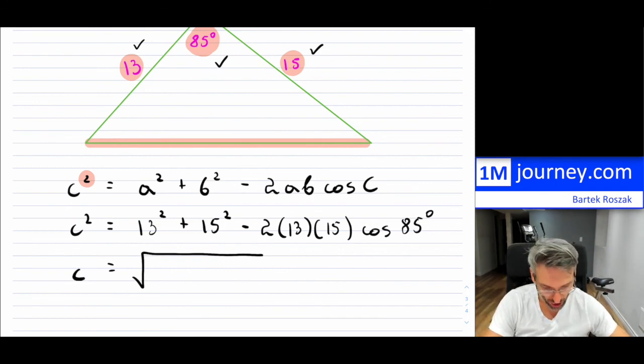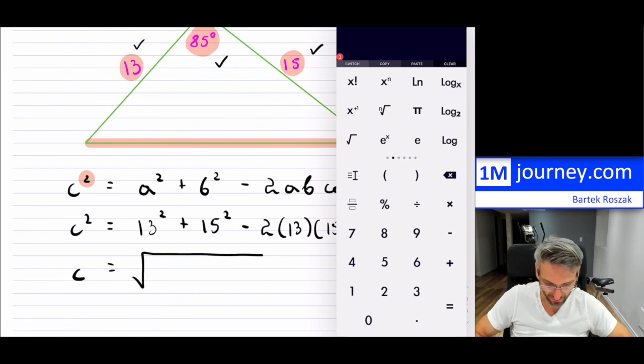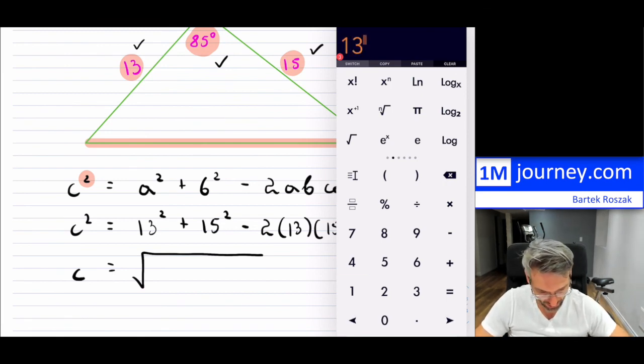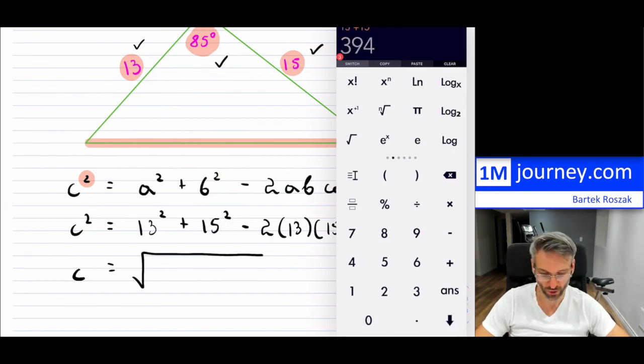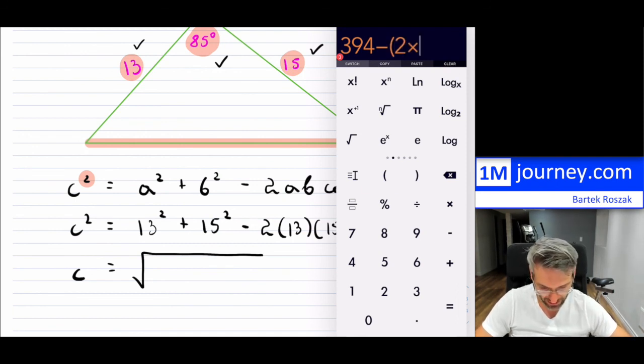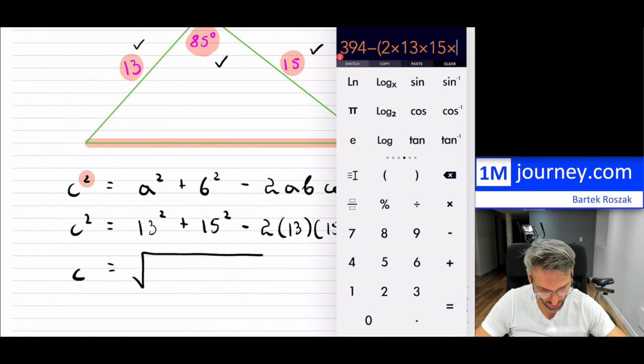So let's plug all of this in. I have 13 squared plus 15 squared. I'm going to hit equals. So those are those two. Now we're going to take our answer and subtract 2 times 13 times 15 times cos of the angle 85.